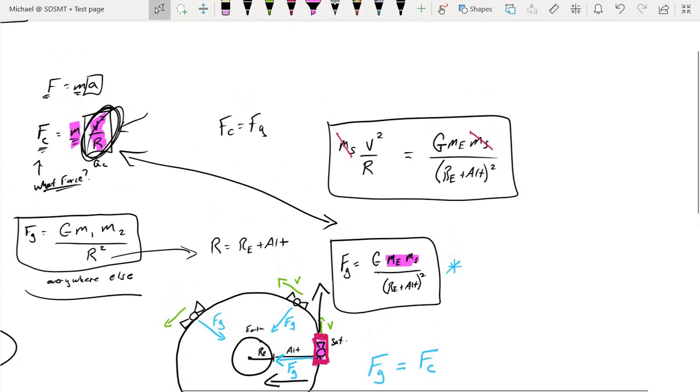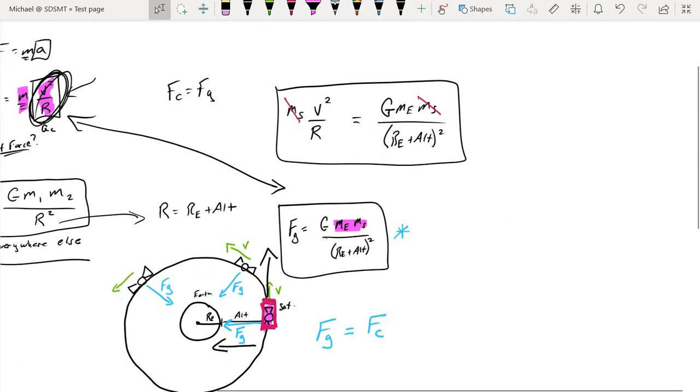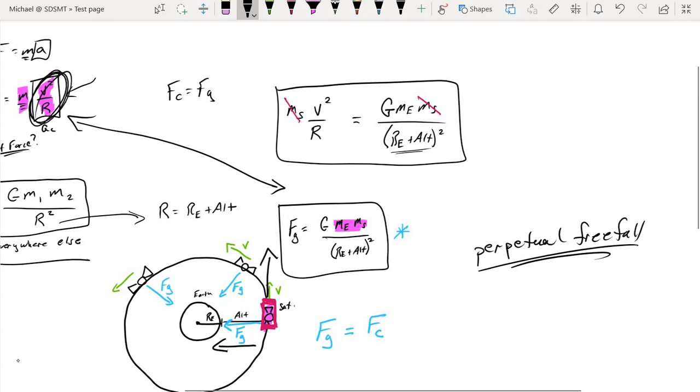In a previous video, we discussed this as perpetual free fall. So the satellite is constantly falling towards the Earth, but at the same time, it's constantly flying out into space. And so we never really change the altitude of that satellite, yet we're always falling.